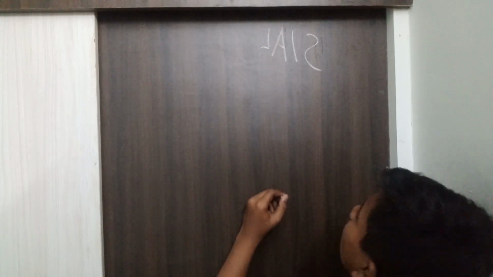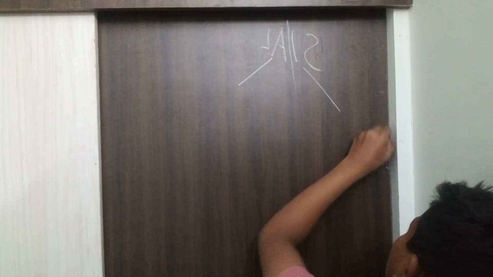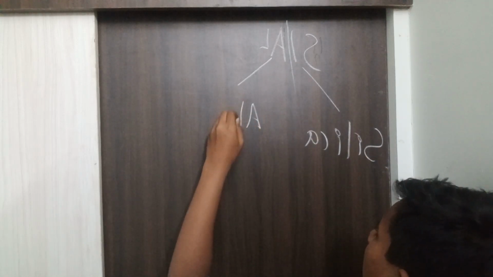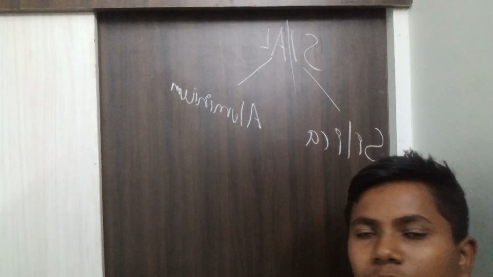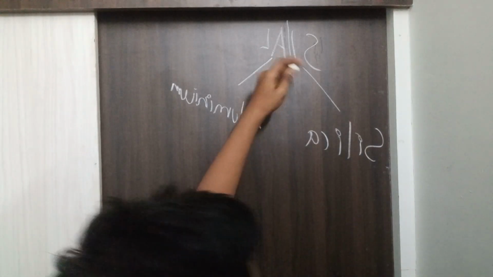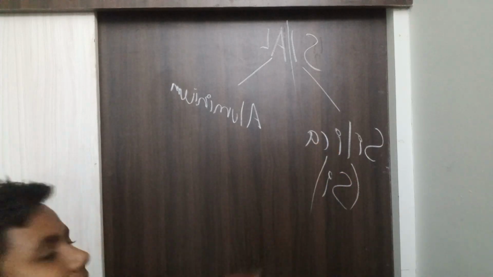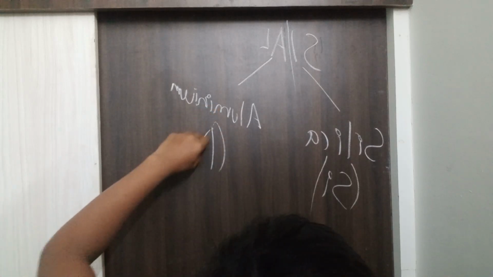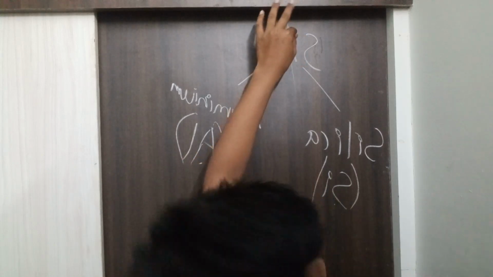Si and Al are divided: Si is silica, and Al is aluminium. So Si and Al becomes Sial.